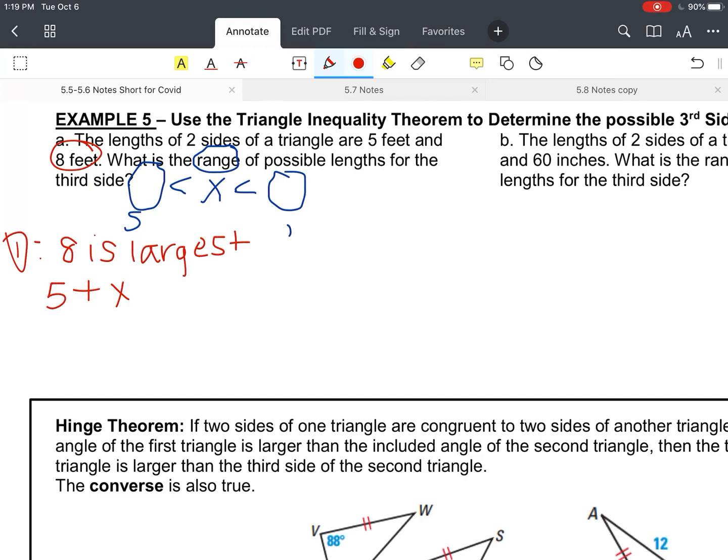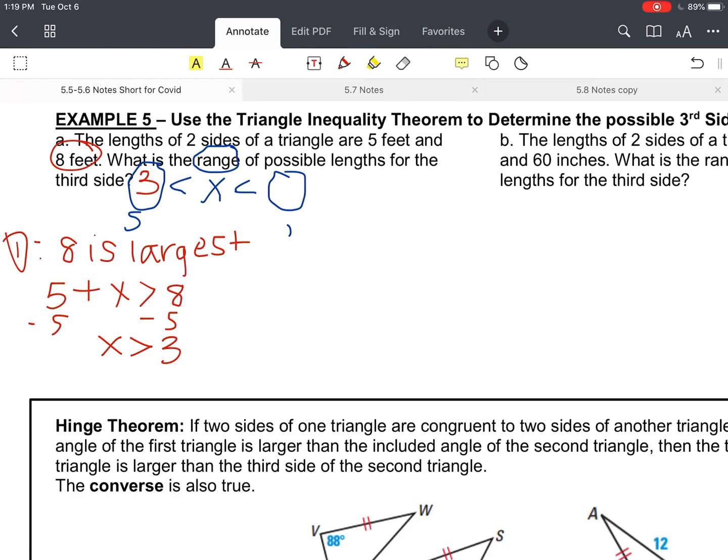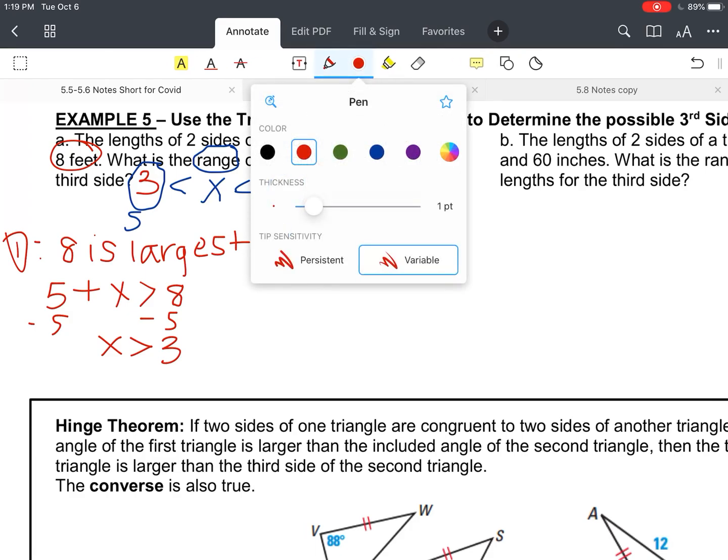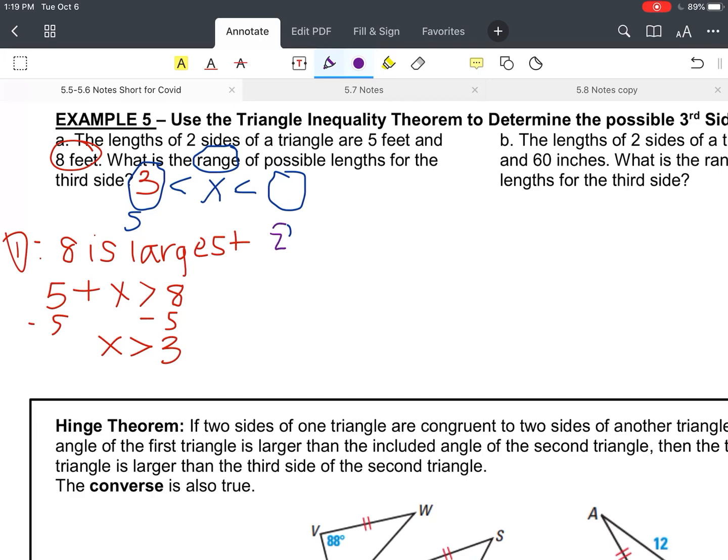Sorry, I didn't mean to write equals. It should be greater than. That 5 plus my other side has to be bigger than my largest, which is 8. If I subtract 5 from both sides, that means X has to be bigger than 3. Meaning 3 is the smallest end it can be, but it can't include 3. So anything bigger than 3 works, so 3.1 would work, but not 3. But 3 is on the small end.